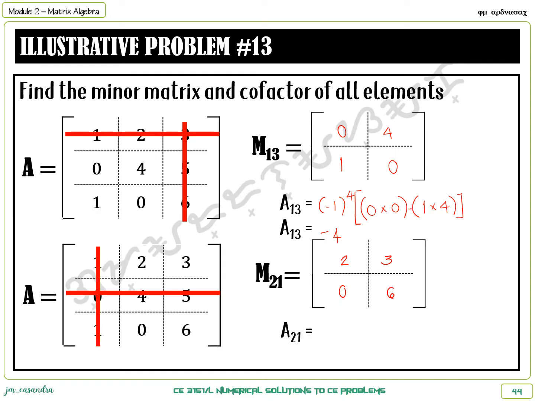Applying our equation, that is negative 1 raised to 3 multiplied to 2 times 6 minus 0 times 3. The equivalent value now for the cofactor of element 2, 1 is negative 12 minus 0, or simply negative 12.